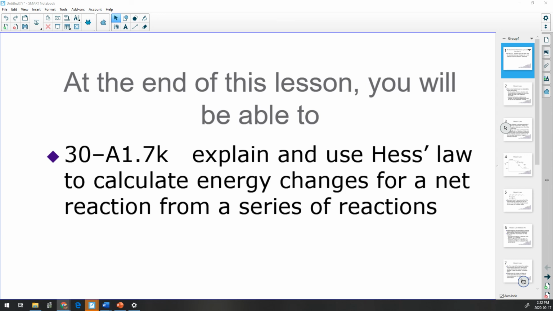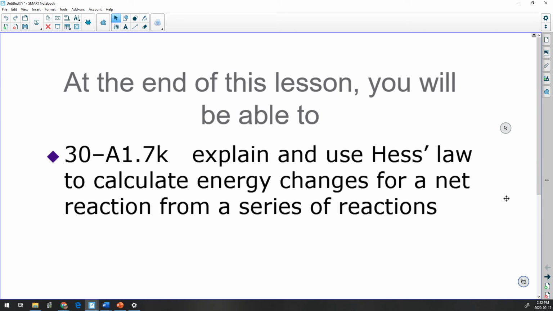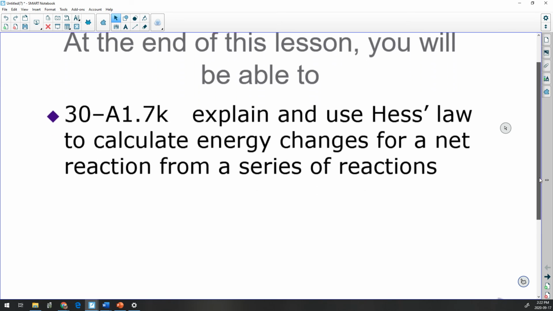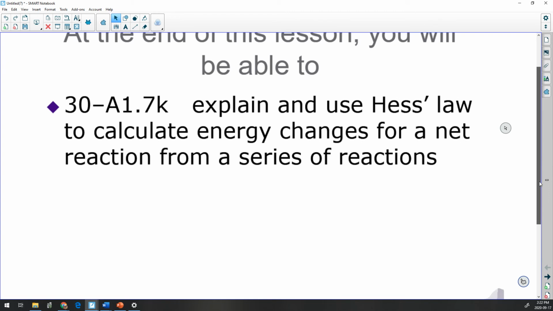So we're going to use something we can do in our calorimeters and this idea of Hess's law. So, explain and use Hess's law to calculate energy changes for a net reaction. That's our learner outcome.